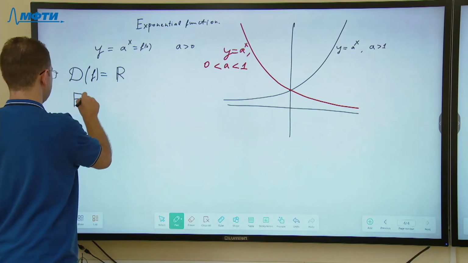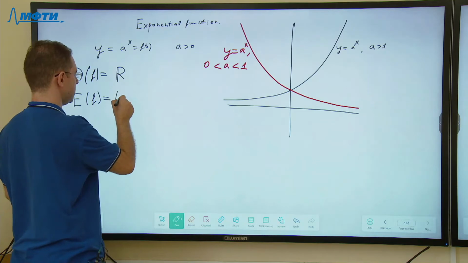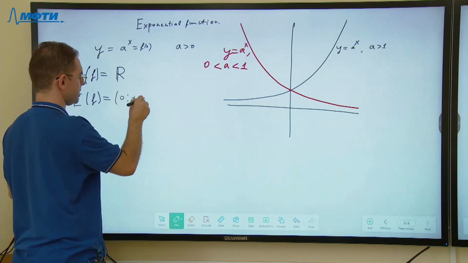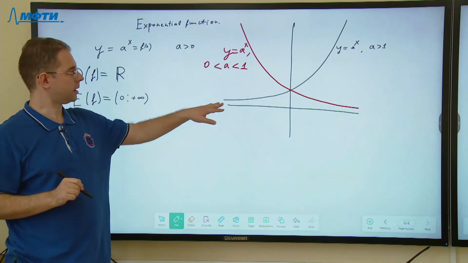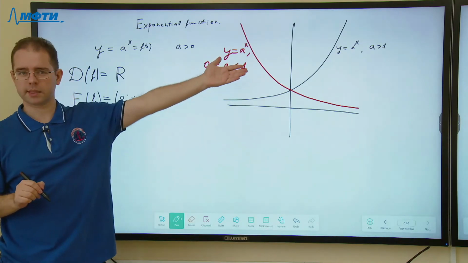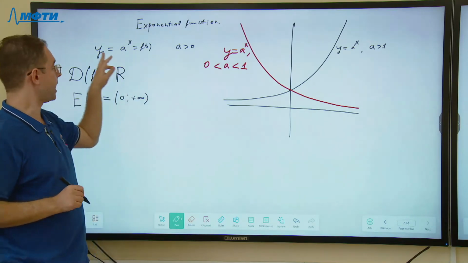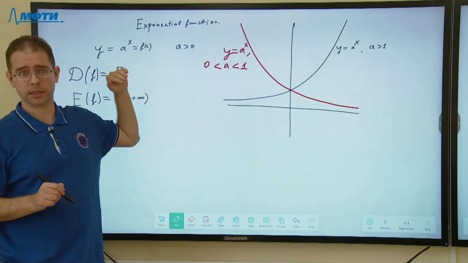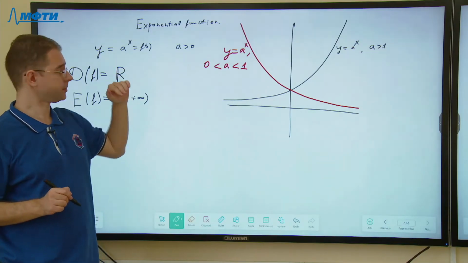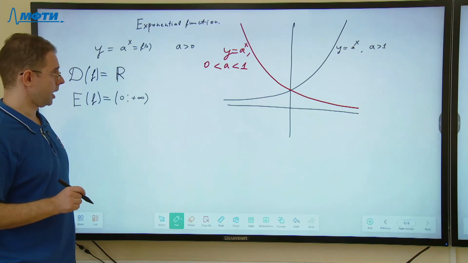Codomain is from 0 to plus infinity. You can understand from the definition that I gave you that if a is positive and we are raising to any power, the answer will also be positive. Strictly positive.